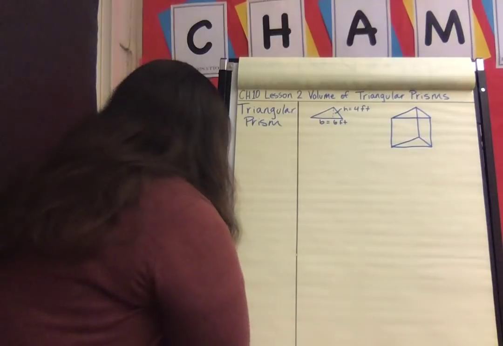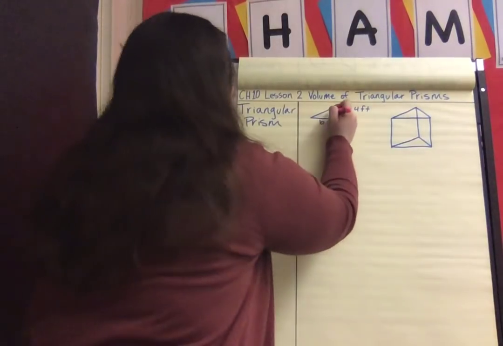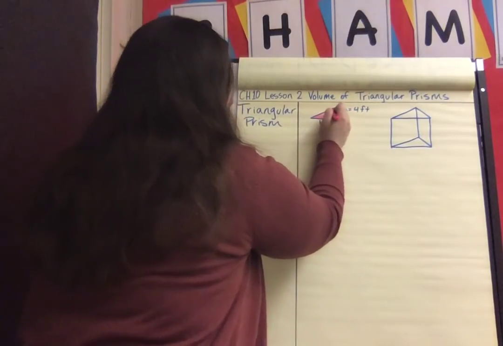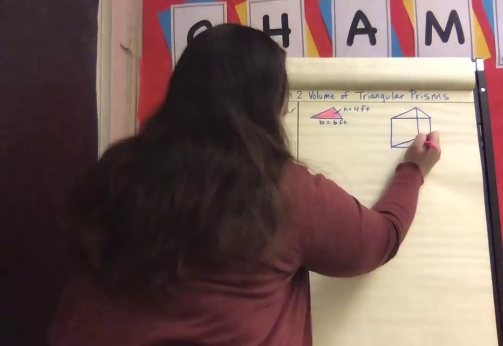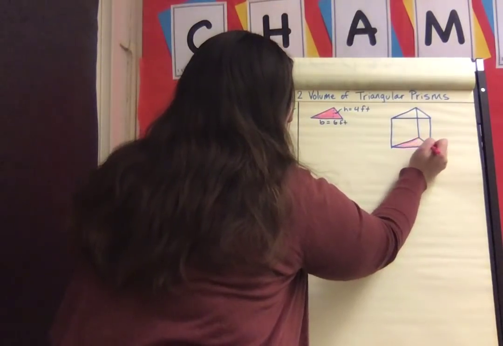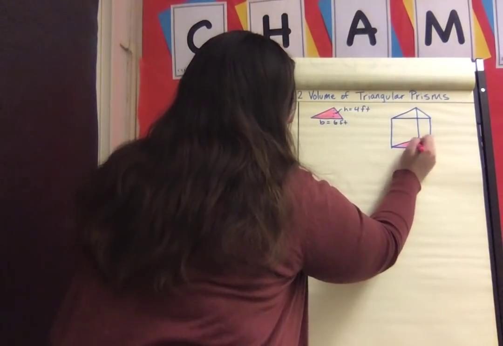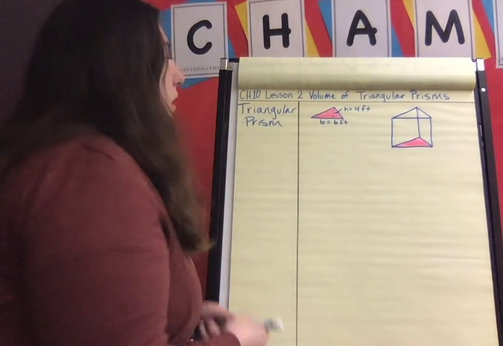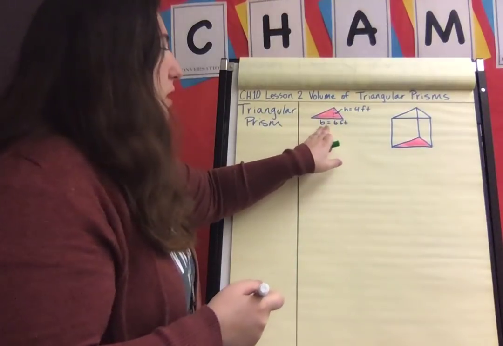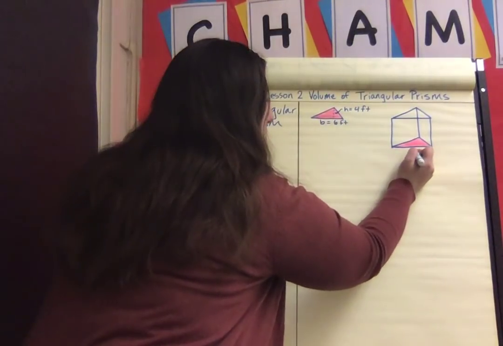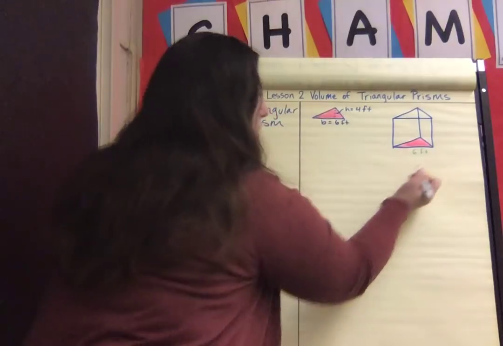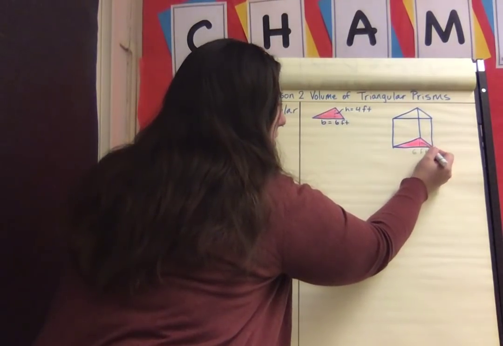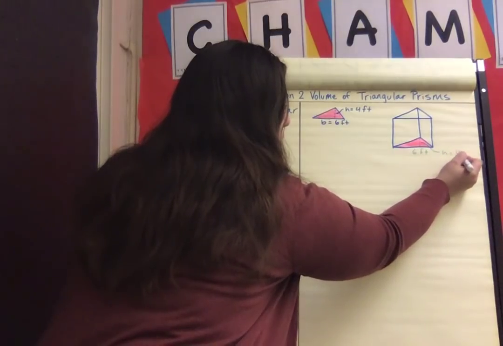And once again, we will be finding the area of this base, okay, which is the same as this area here. And this base and height, well, this base would go here, 6 feet, and then this base has a height of 4 feet.